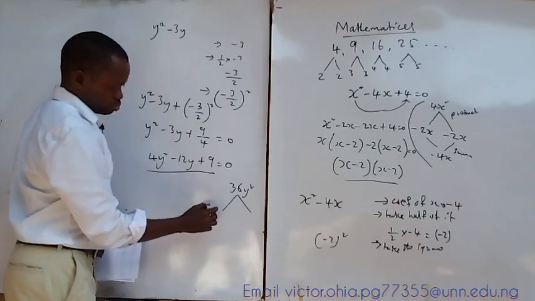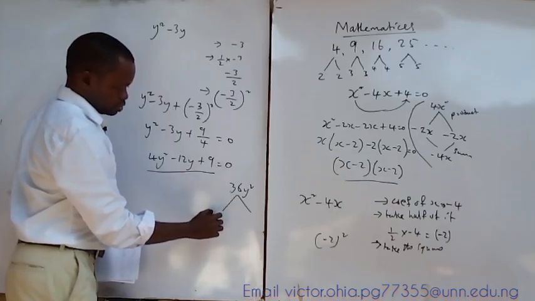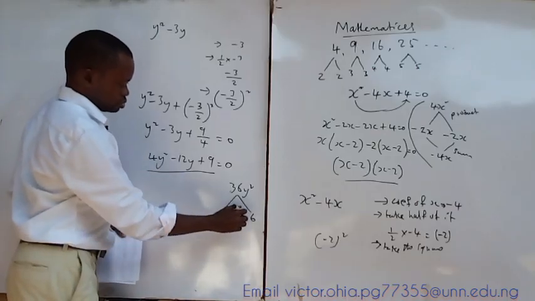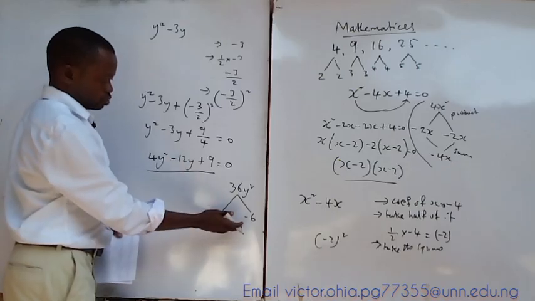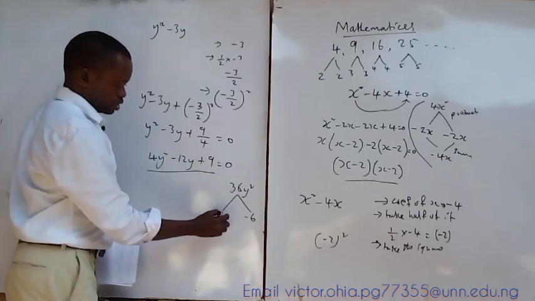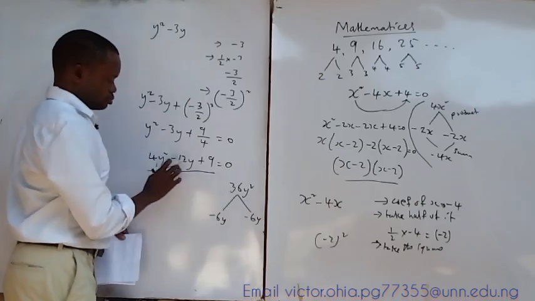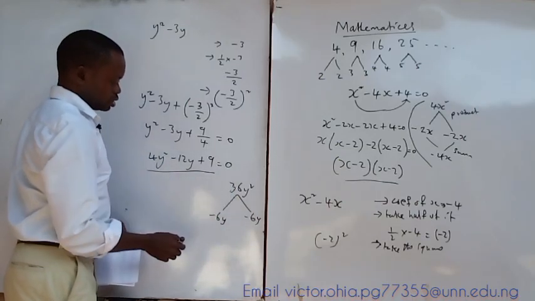That is going to be 6 times 6, so let me have 6 here and 6 here, and to make it minus, minus 6 minus 6 is minus 12. By sum, by product, it is still here. Let me attach y here and y here, so I have minus 6y minus 6y, minus 12y. This times this is this. So I think I'm good to go.